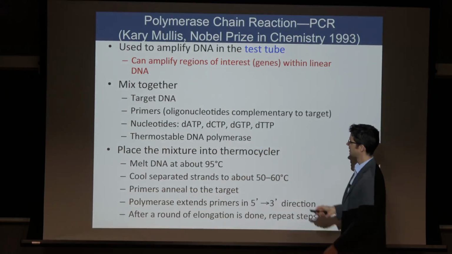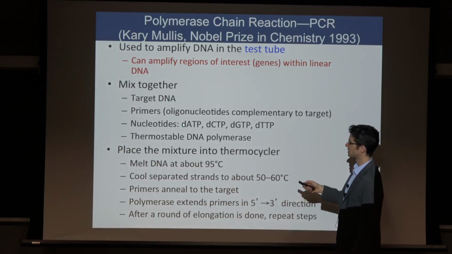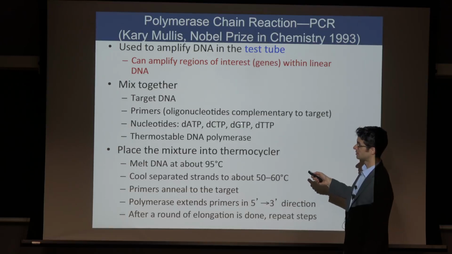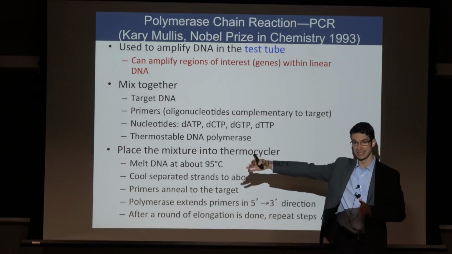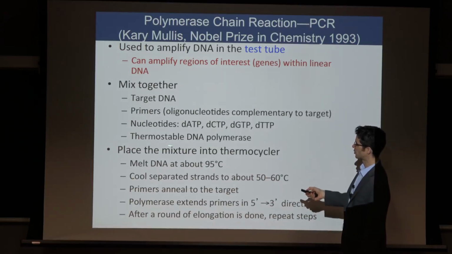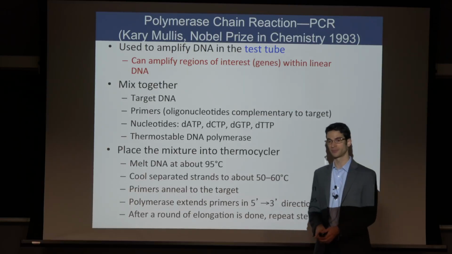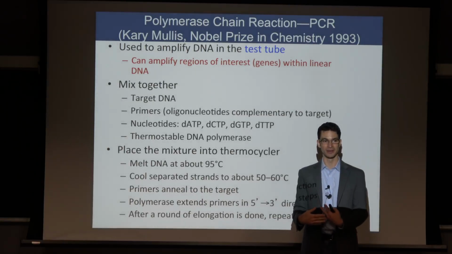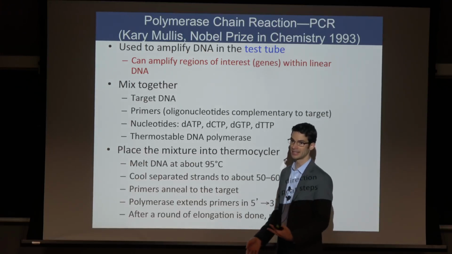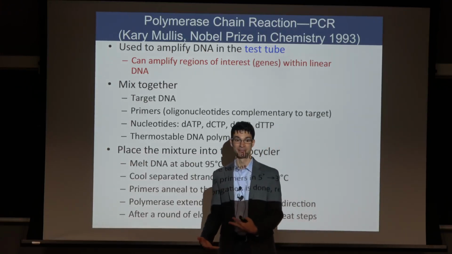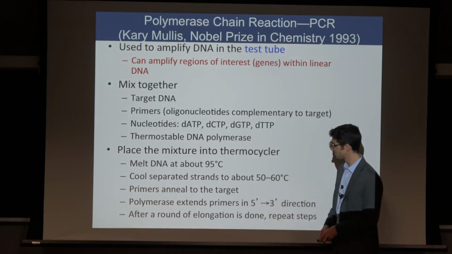Then you add the nucleotides. These are the starting materials: deoxy ATP, deoxy CTP, deoxy GTP, deoxy TTP, from which you can polymerize a DNA chain. And then you add this thermostable DNA polymerase, which is derived from a deep ocean bacterium that survives in very hot environments.